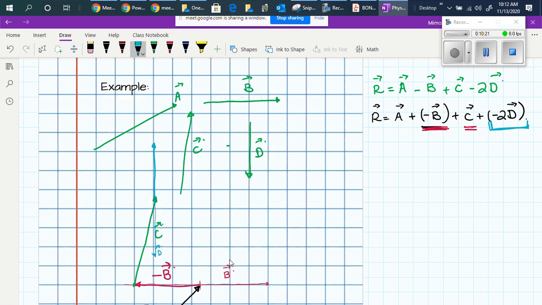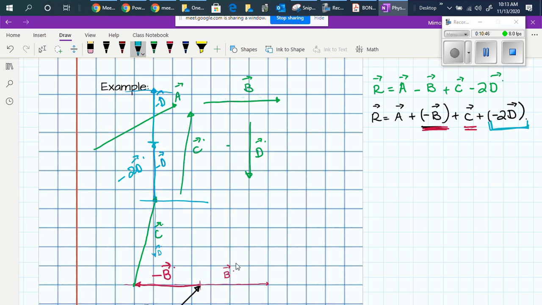This is negative 1D, and then negative 1D more will be negative 2D. So this whole thing here is negative 2D.